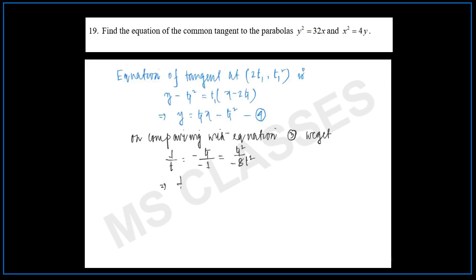Further simplification: 1 by t equal to t1 equal to minus t1 square by 8t square.